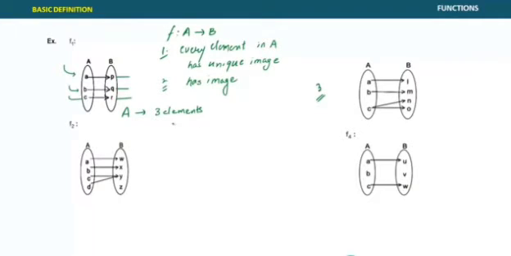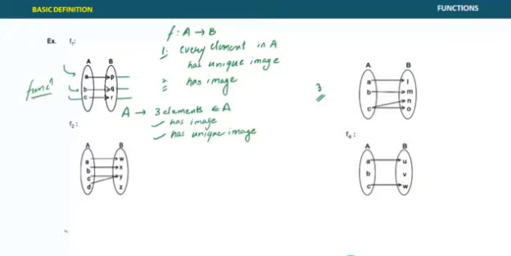So the 3 elements which belong to set A each have an image. Yes, each has an image, very true, first condition. And each has a unique image. This is what you have to check. So both these criteria are satisfied in the first diagram, so I would say this is a function.